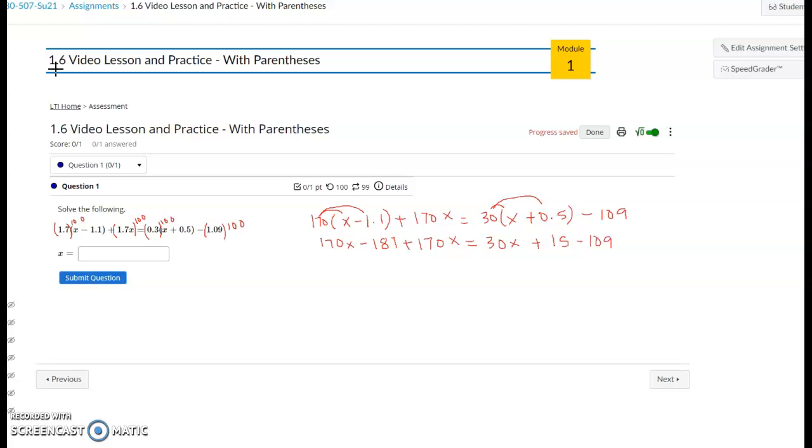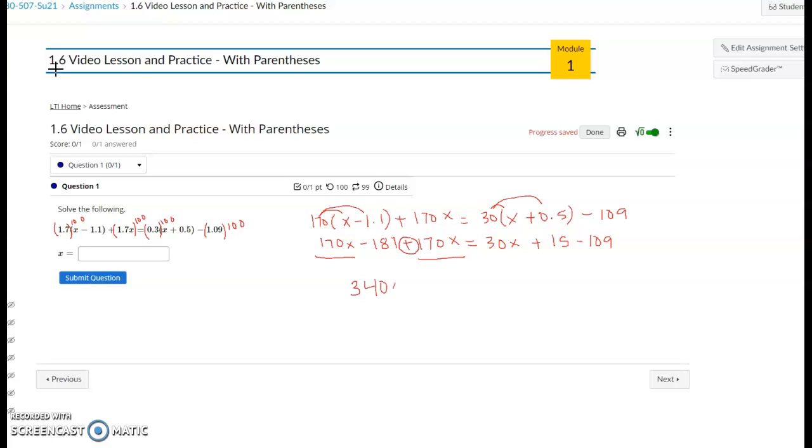Okay, so we've got everything out of the parentheses now, and so next we want to combine like terms on the same side of the equal sign. So we can see on the left here I've got 170x with the 170x, so I can add those two together because they both are positive in front of the term. You always want to look at the sign in front of the term.